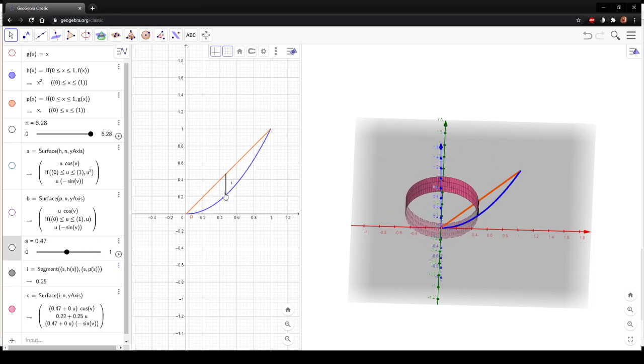So that means this distance is just x, so that's the radius. As for the height, it is the length of the slice itself, so that is the distance between these two curves. So that is literally top minus bottom. So the top is the line x, the bottom is the parabola x squared. So the height is x minus x squared.